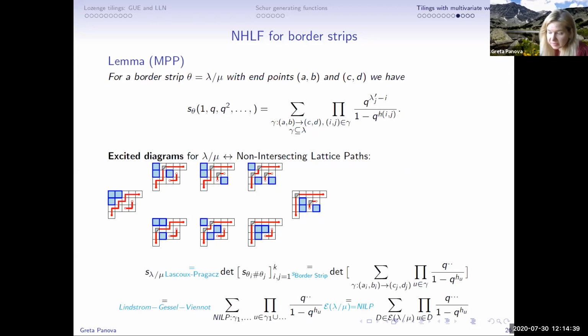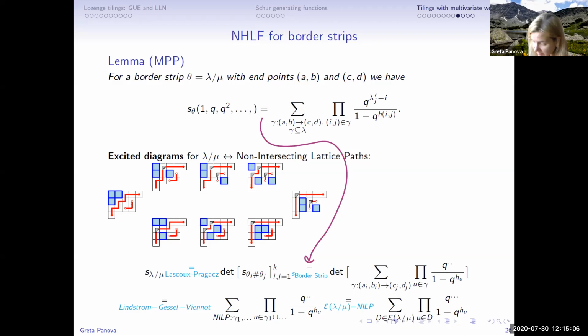And now let's put everything together. So the Schur function using Schur-Pragas is this determinant of ribbon Schur functions. Now we use this formula for the Schur function and border strips, and this formula is really a sum over all possible lattice paths with whatever endpoints we had fixed inside lambda.